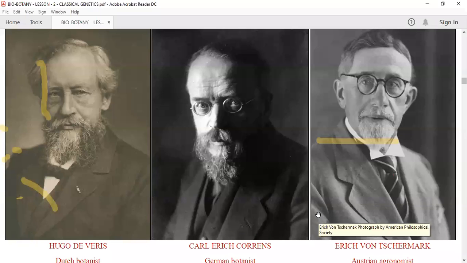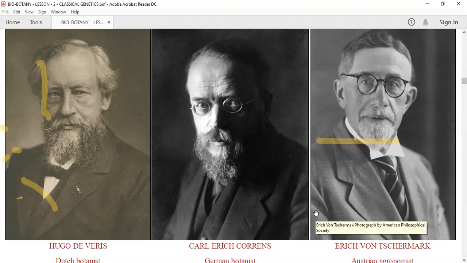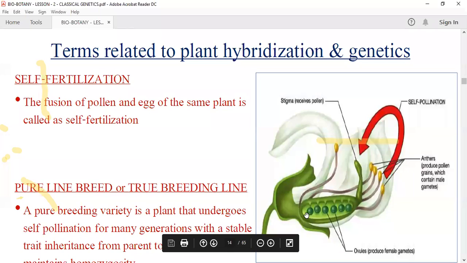After Mendel died, these three persons took up the experiments and did many researches. The names of these three persons and their countries are often asked repeatedly as a 2-mark question. Very important 2-mark question.